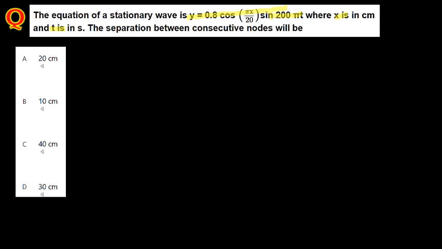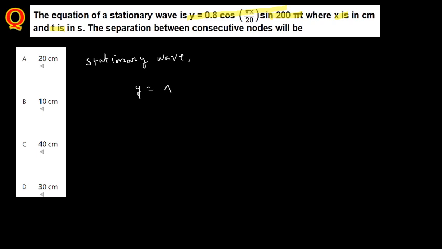Now for this one, first what I'm going to write here is, in case of a standard stationary wave equation, that is a sine of omega t minus kx, that one formula is there.